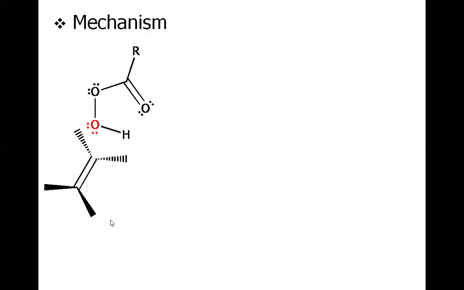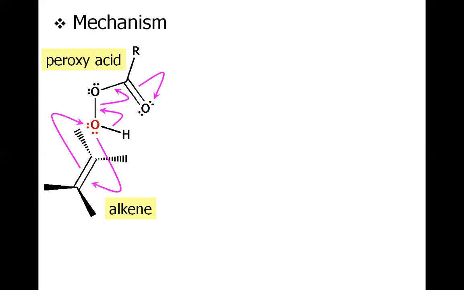So this is the mechanism, and this is the structure of the alkene, and this is the structure of the peracid. This oxygen, which is coded as red, is deliberately coded as red because this is the oxygen that is delivered to the alkene to make the epoxide. And as mentioned, this is not a nucleophilic oxygen, but this oxygen is electrophilic.